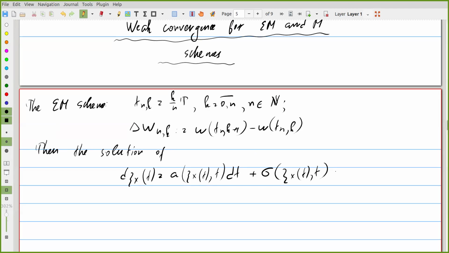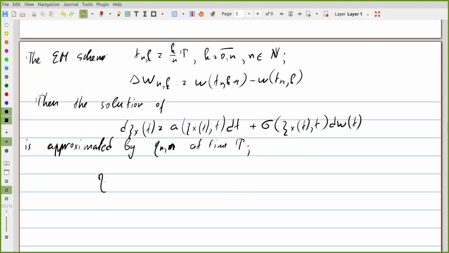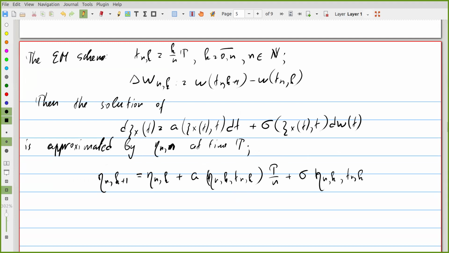The solution X_t of dX_t = a(X_t)dt + σ(X_t)dW_t is approximated, is modeled by η_n at time capital T, and η_n is defined in a recurrent way by the following equation: η_{n,k+1} = η_{n,k} + a(t_k, η_{n,k}) T/n + σ(t_k, η_{n,k}) Δw_k.